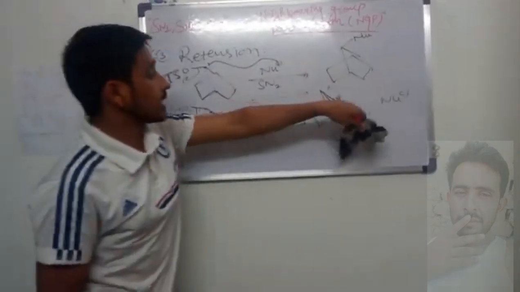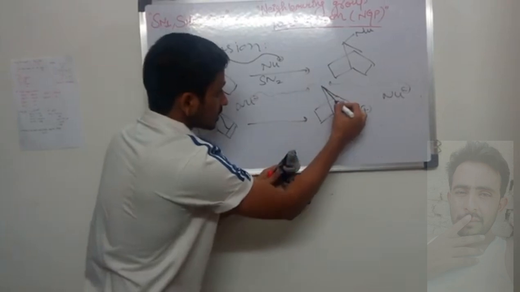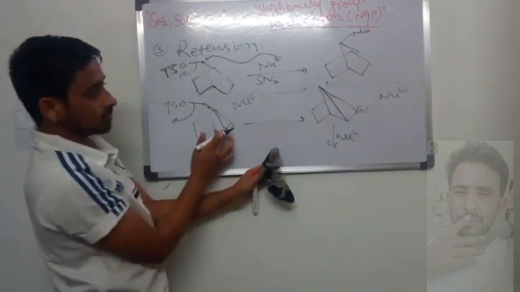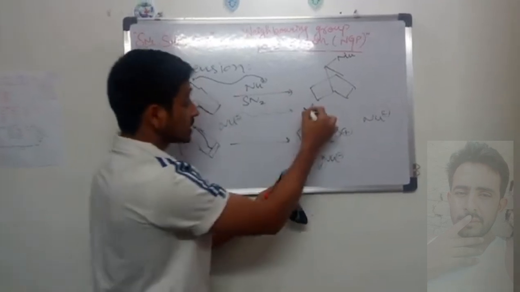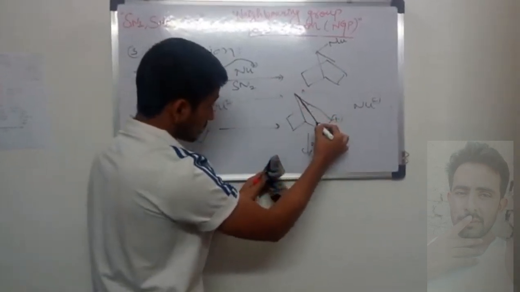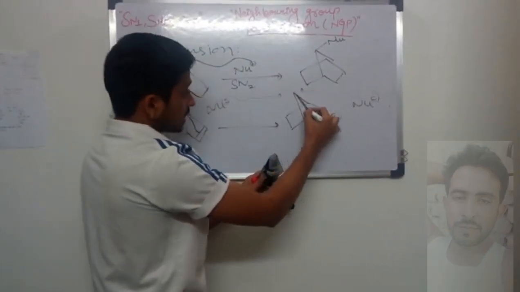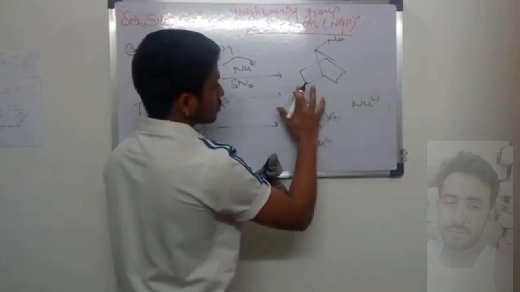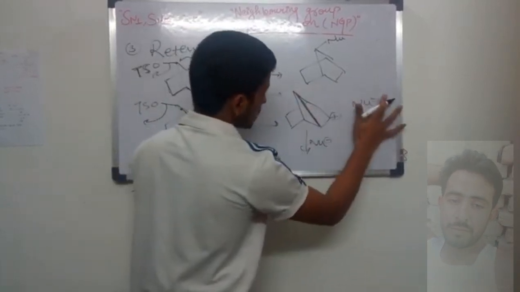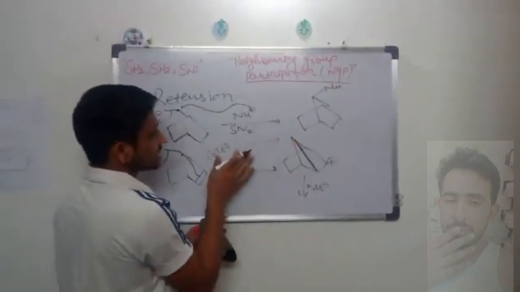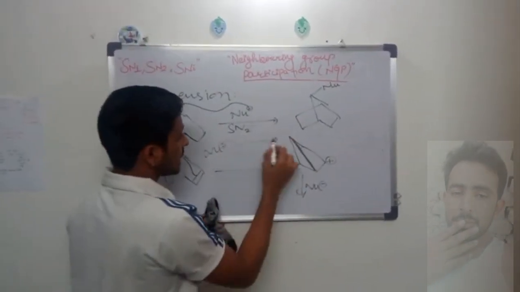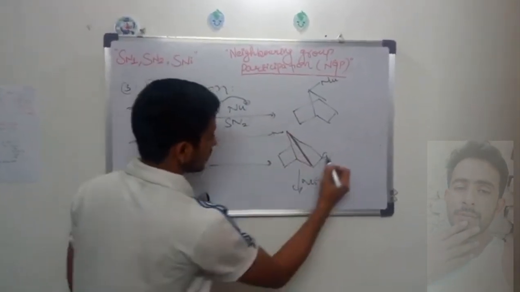But from this side, there is a double bond. As we have seen, this is shifted from this side. So because of this it is not a double bond, it is a single bond formed by the rearrangement. So this bond will give hindrance to the nucleophile. So the nucleophile will not approach from this face. Definitely on this face there is no steric hindrance, so it will attack from this face to give the product.